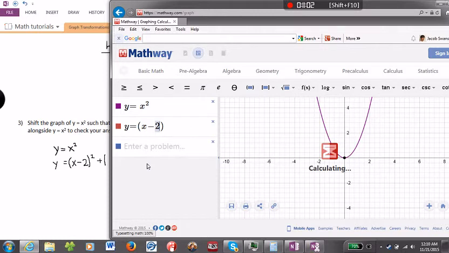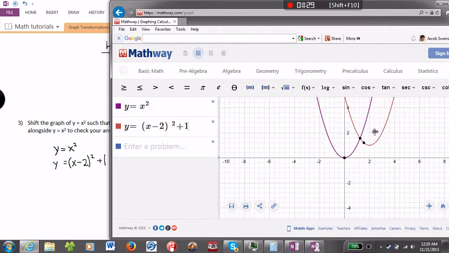Whoops, I didn't use the right one. Okay, I'm going to square this quantity. And I'm going to arrow over and add 1. And then it should calculate x minus 2 squared plus 1.